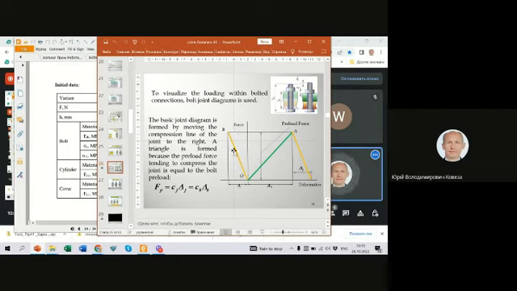At this diagram, we have a green line. It is a deformation of the bolt, and relatively yellow line, it is a negative deformation of joint. And after that, we move this line parallel at this point, and we have the triangle, and this triangle is named like bolt joint diagram.